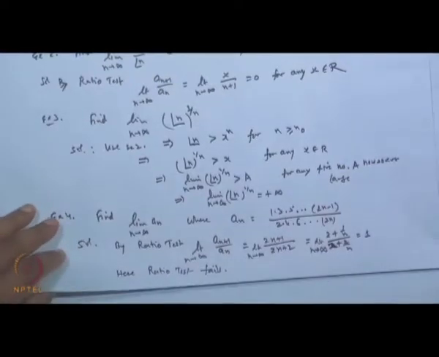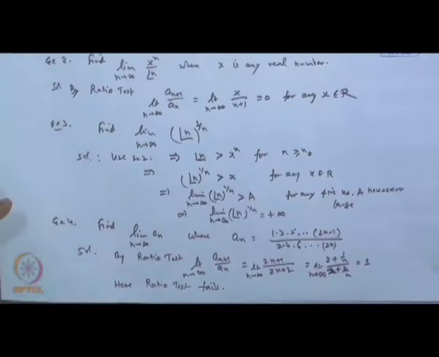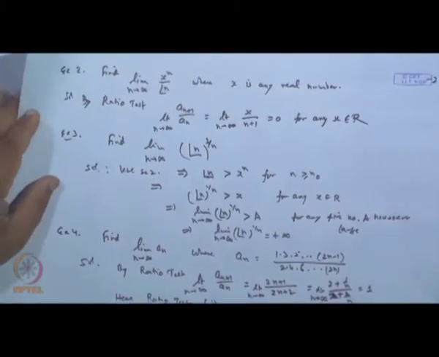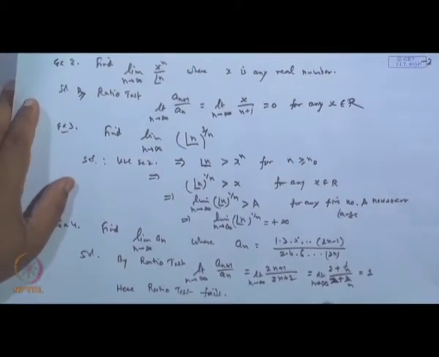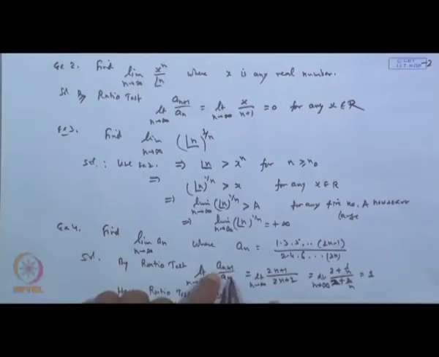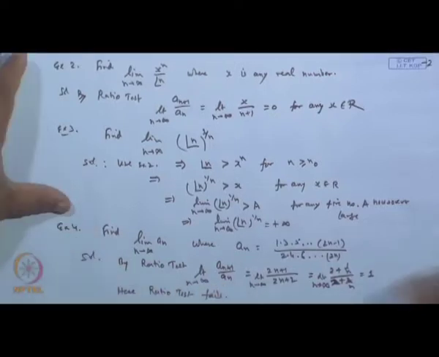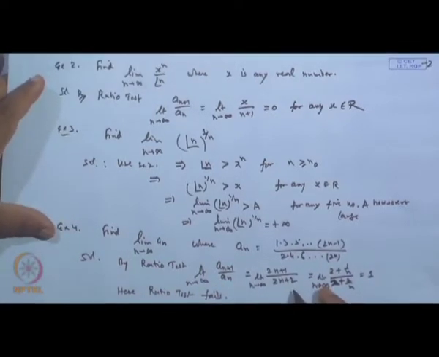So, what to do? In that case, we have to apply our previous knowledge. We know that if a sequence is monotonically decreasing or monotonically increasing, and if it is bounded, that is, monotonic increasing and bounded above, or monotonic decreasing and bounded below, then such a sequence will definitely have a limit. So, let us find out whether this sequence is monotonic or not. Now, a n plus 1 over a n comes out to be 2n plus 1 over 2n plus 2.